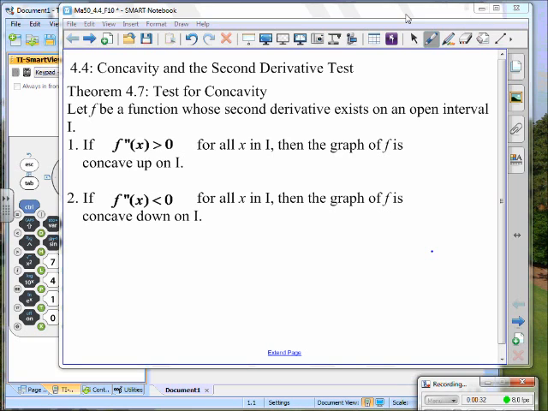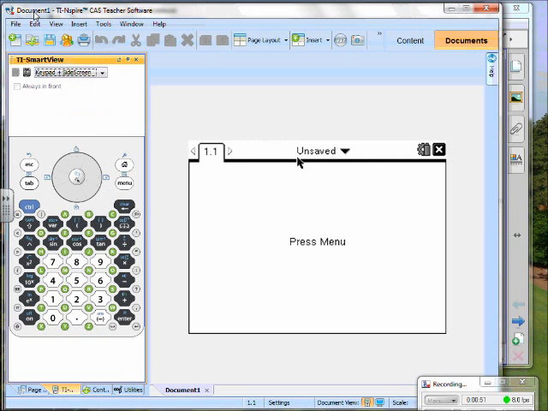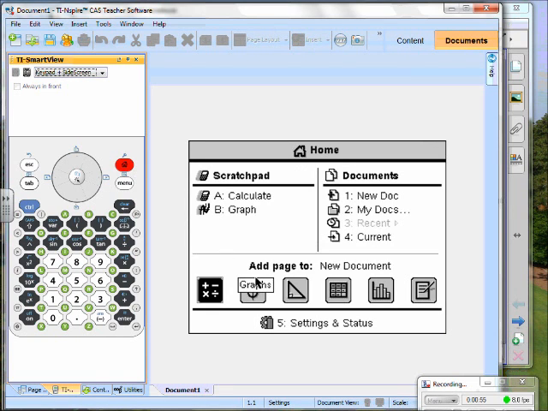So we've got to talk a little bit more about this thing called concavity. To get us started with this, concavity is an interesting graph. Let's see if I can come up with one for us. On your Nspires, let's see what we can do here.